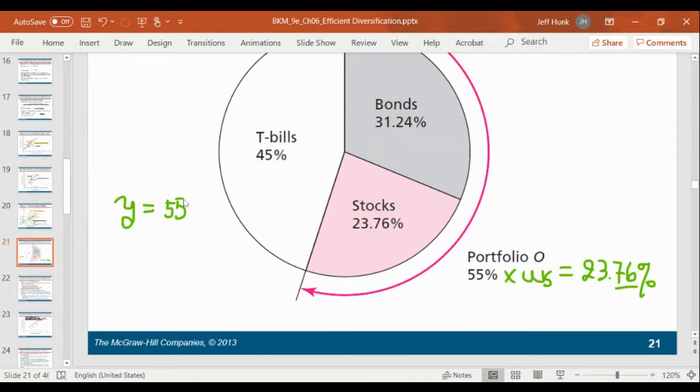So we put 55% into the optimal risky portfolio, and then 1 minus Y, which is 45%, goes to risk-free assets.